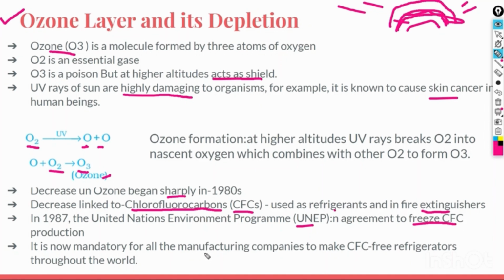So now it is mandatory for all the manufacturing companies to make CFC free refrigerators throughout the world. So here we are trying to minimize the use of CFC so that no further depletion can happen. So this is about the ozone layer and how it is being depleted constantly.